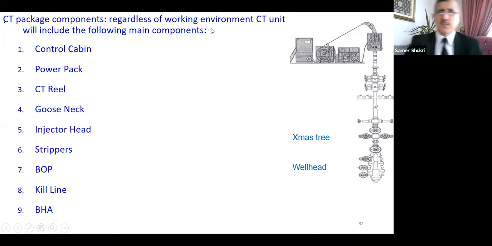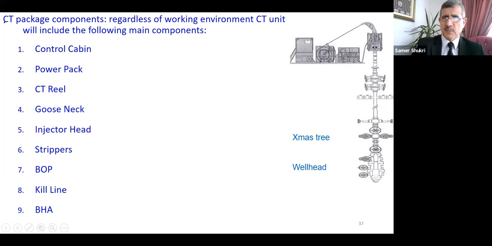So the parts of the coiled tubing package are the control cabin, we mentioned it. Here, this one, the power pack, the coiled tubing reel, the gooseneck, the injector head, the stripper, this part is a primary barrier.